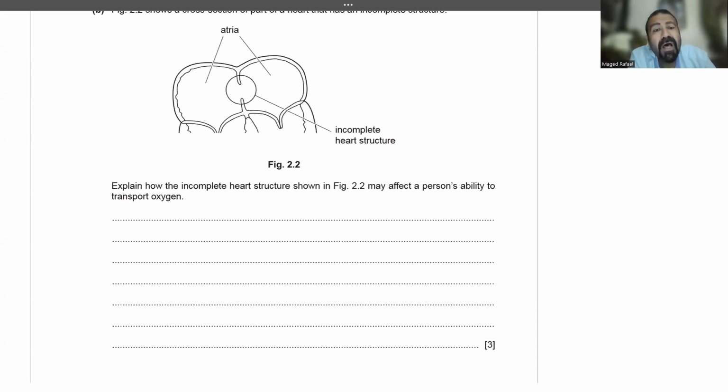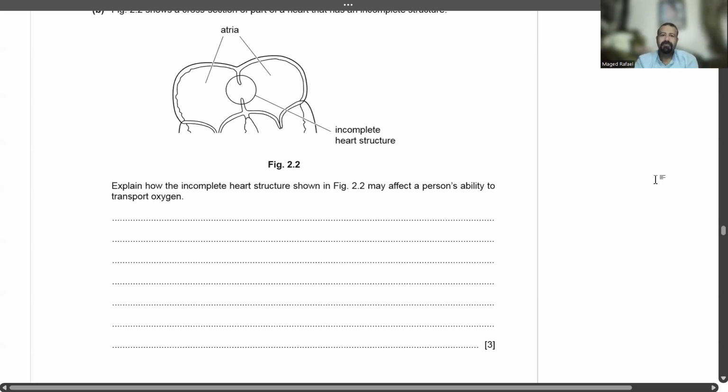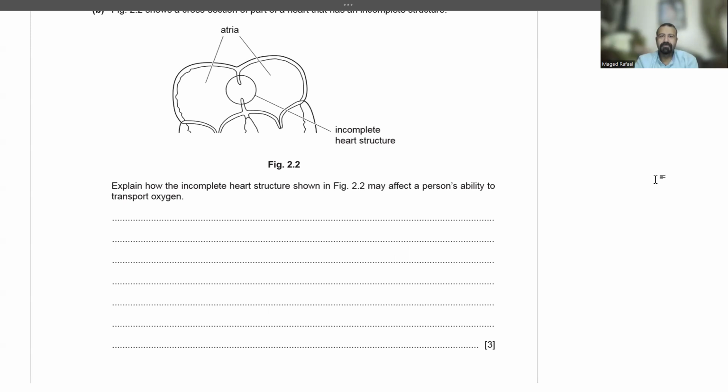What will happen after this? Which type of blood will be mixed, Malak? The oxygenated blood with the deoxygenated blood. Yes, exactly. So the oxygenated blood with the deoxygenated blood will be mixed, so less oxygen.